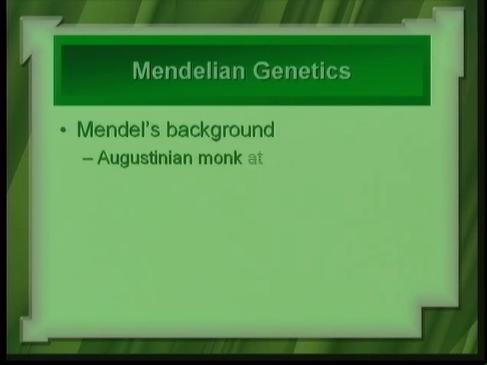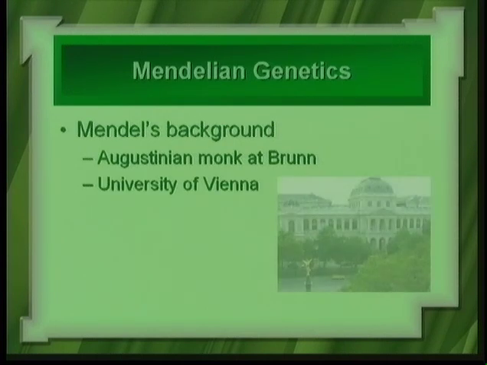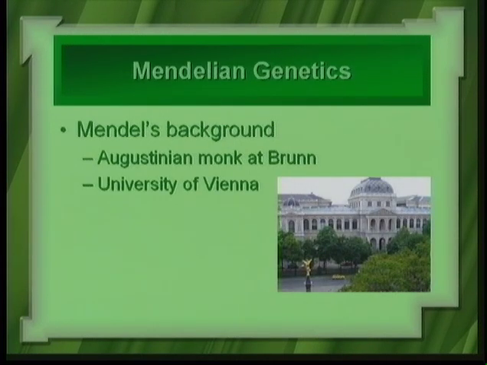So his background, okay? He was a monk out at Brunn, which I think is now in the Czech Republic. And he also had a patron, a senior priest, who allowed him to do a lot of studying. So this monastery that he was at in Brunn was a place where a lot of science was going on.